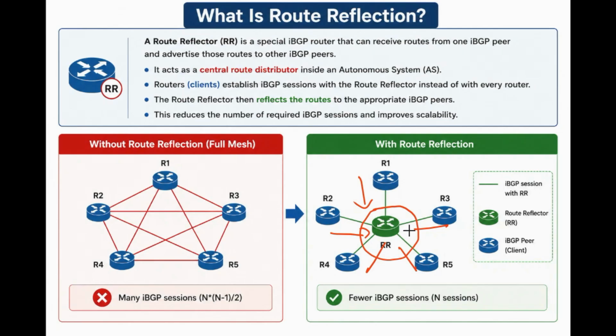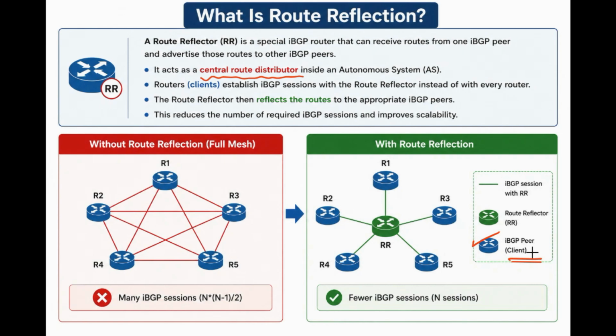So, in simple terms, the route reflector acts as a central route distributor inside the AS. The routers connected to the route reflector are called route reflector clients. This significantly reduces the number of iBGP sessions and improves scalability.